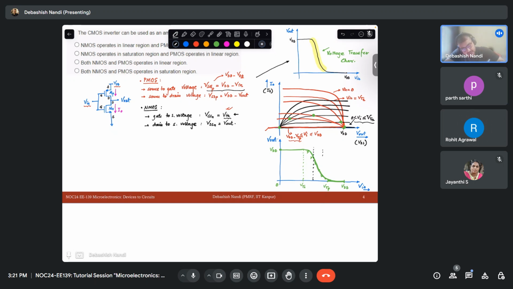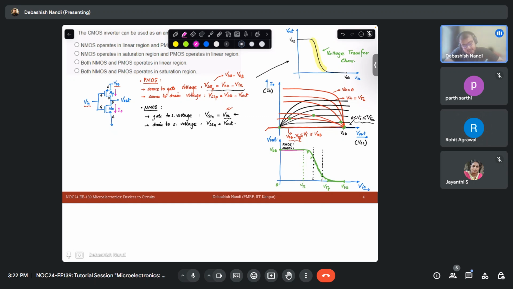Now let me mark two more regions. So let's say this is one region. In this region, what is the status of my PMOS and NMOS? NMOS is in cutoff and PMOS is in linear region.